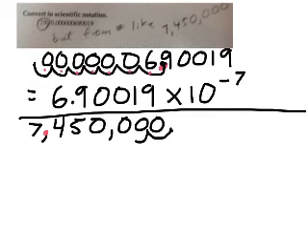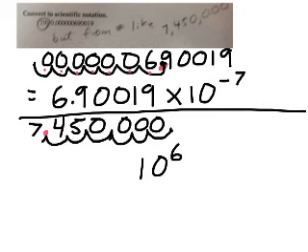It's 1, 2, 3, 4, 5, 6. There's 6 of them. So it'll be 10 to the 6th power that we're taking off this number. So we rewrite it as 7.45 times 10 to the 6th. That's it.